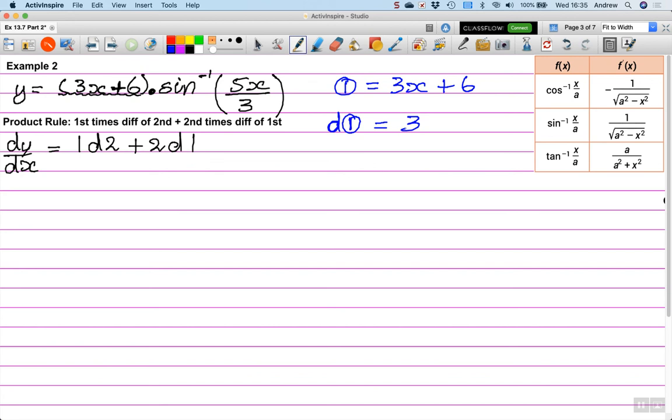The second function is equal to the inverse sine of 5x over 3. Straight away we know it's going to make use of this formula here.